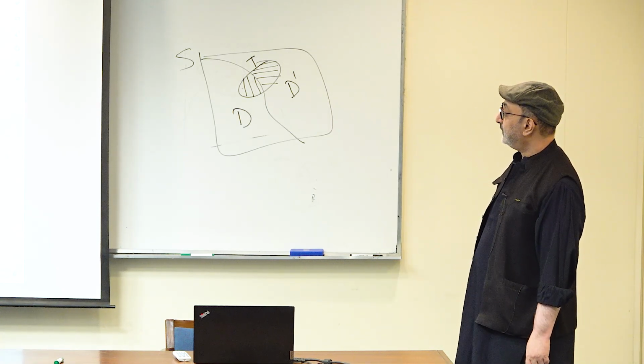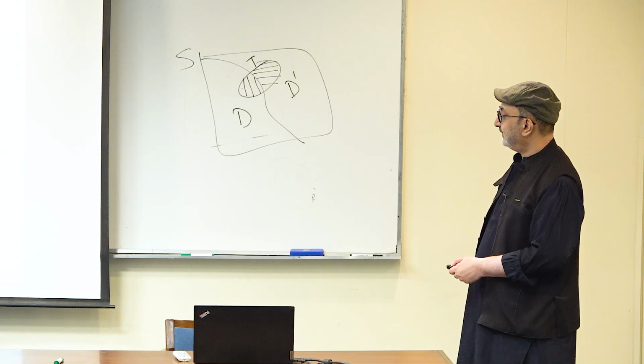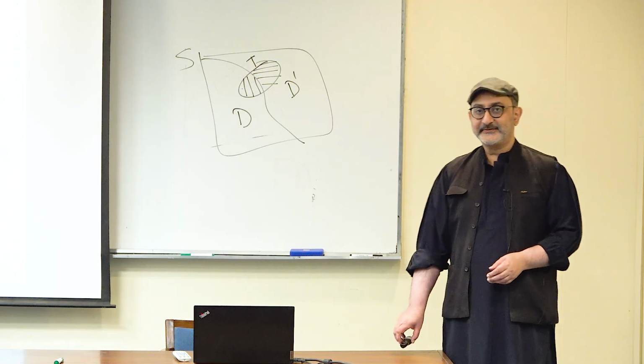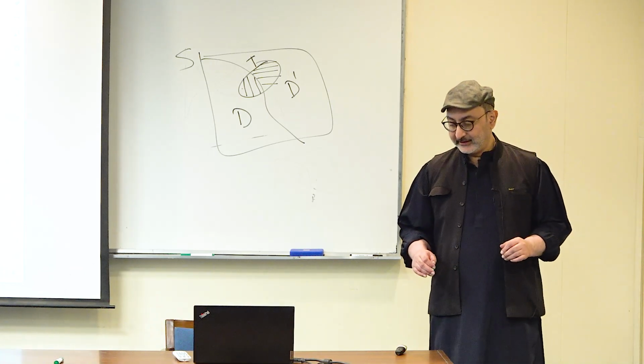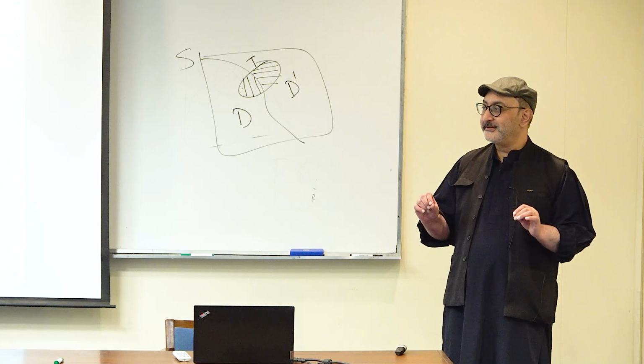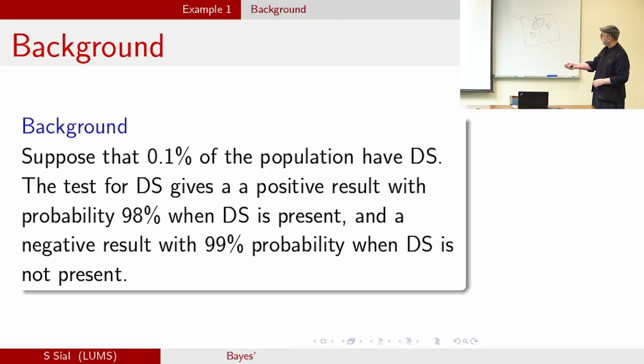Okay, so now we've been given all the numbers, and we put those numbers in, and we get this value. Now, a lot of people, if we look at what we were originally given, would read a positive result of 98% when the disease is present, and a negative result of 99%.